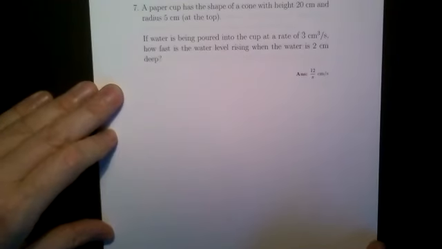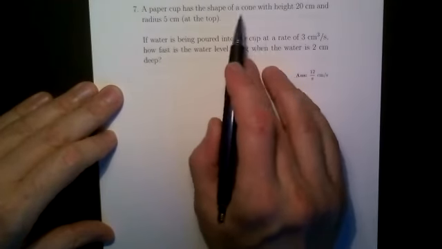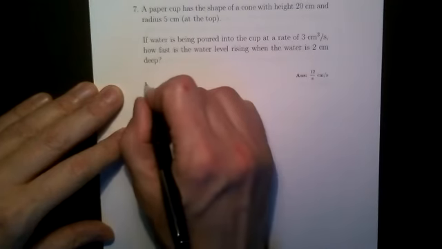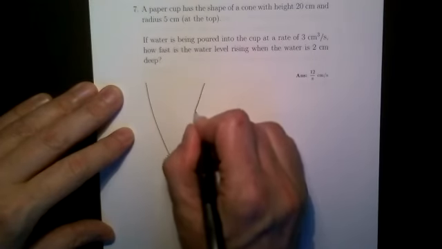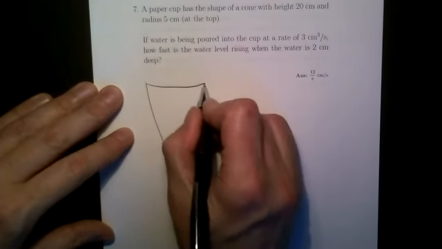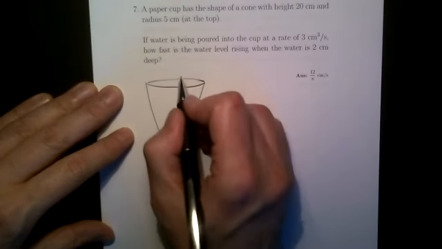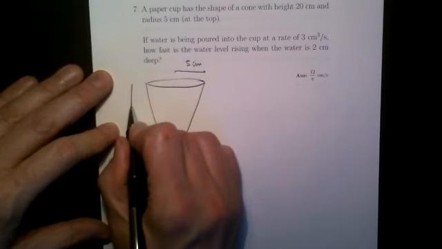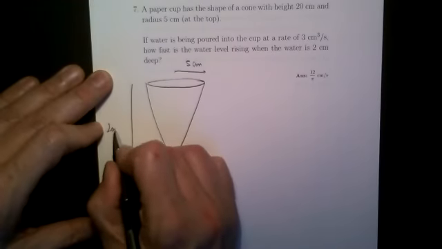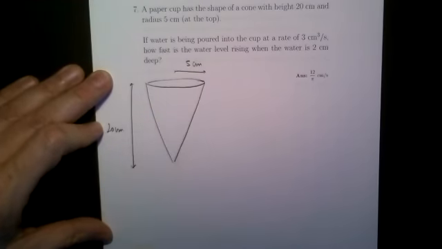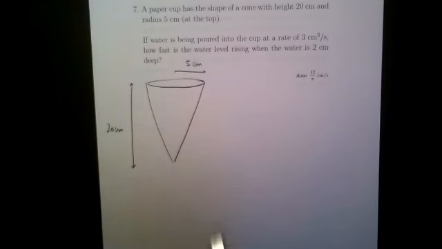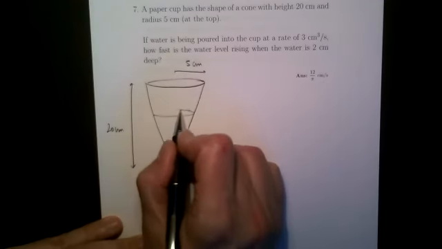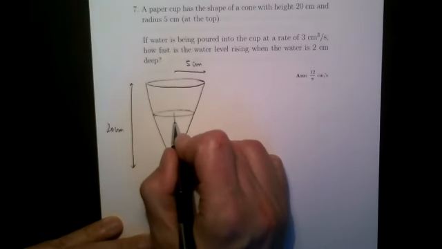A paper cup is in the shape of a cone with a height of 20 centimeters and a radius of 5 at the top. So let's draw it. Okay, so a radius here of 5 centimeters and a height of 20. And water is being poured in at 3 cubic centimeters per second and fills the cup.